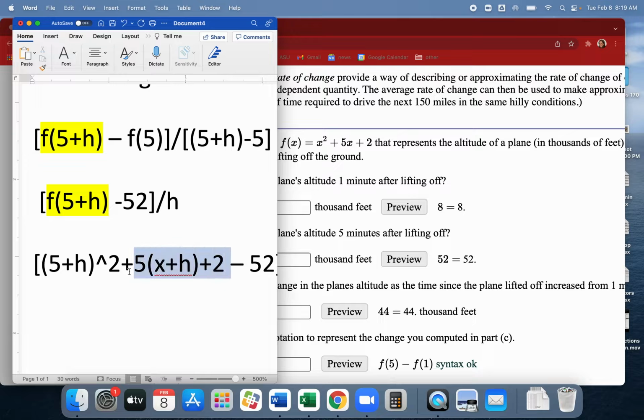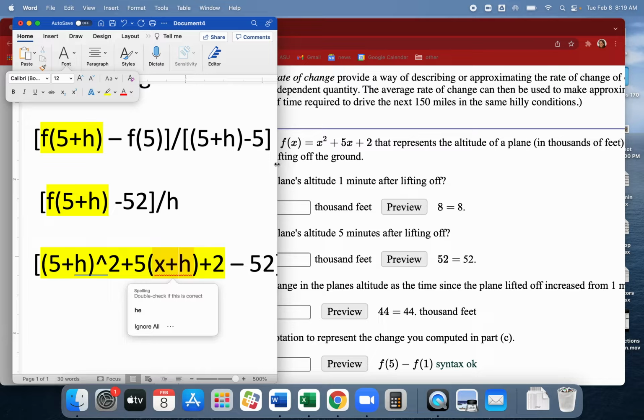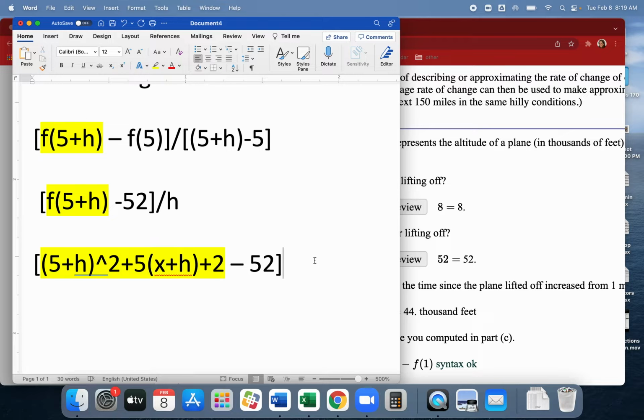All of this, I'm going to make that yellow, is f of 5 plus h, right? So other than simplifying, 5 plus h squared plus 5 times 5 plus h plus 2, we've got this done, because we know what f of x is: x squared plus 5x plus 2. So this is just that expression with 5 plus h replacing each of the two x's.